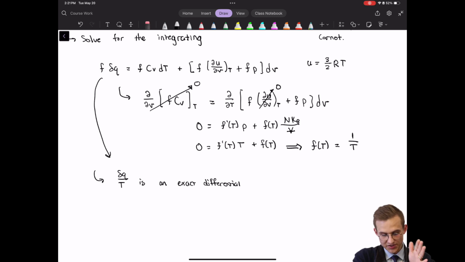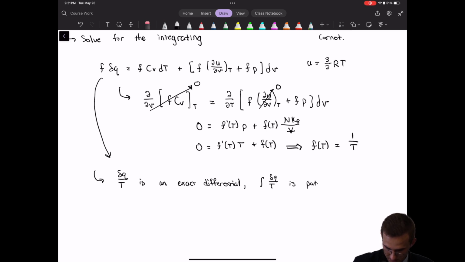So if you do an integral and return to the same spot along your integral, you'll get 0, right? You'll return to the same point. And so that is an exact differential. The integral of delta Q over T is path independent.